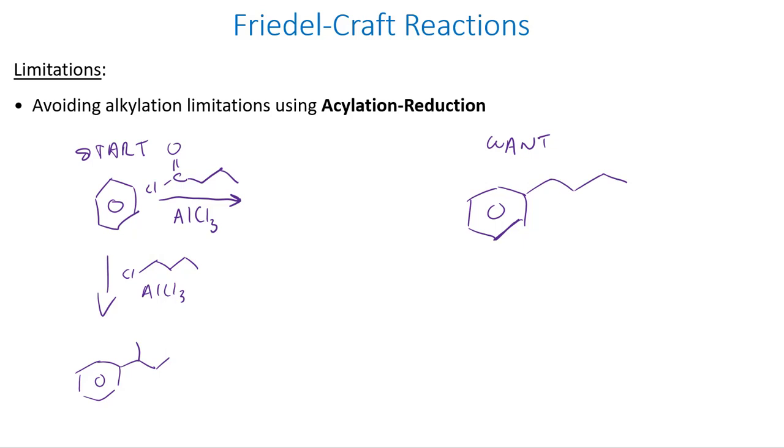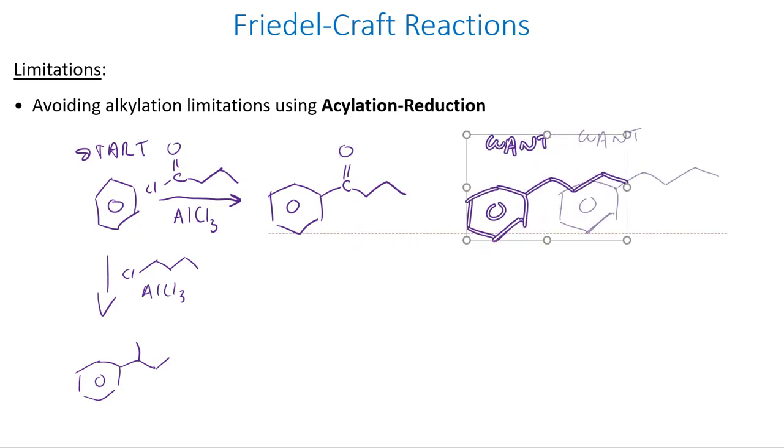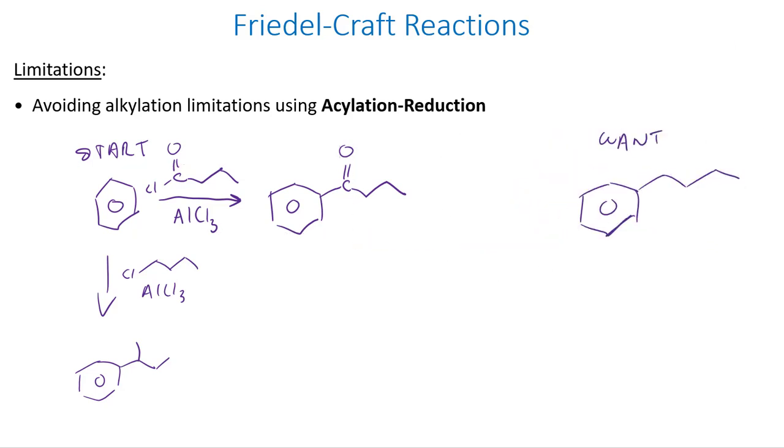Those acyl carbocation intermediates are very stable, and so they tend not to rearrange. That means that we can get the chain on in the configuration that we want it in, attached by one end, and then all we need to do is to reduce it.